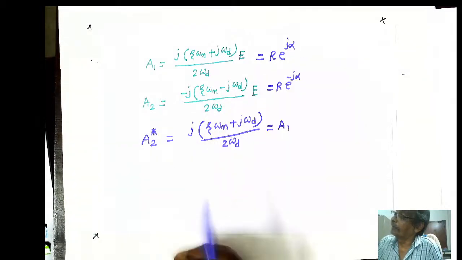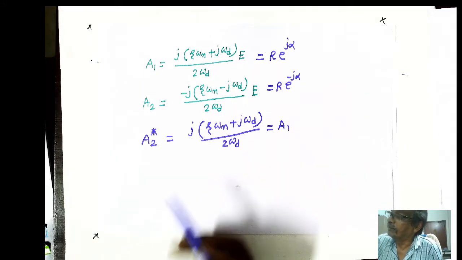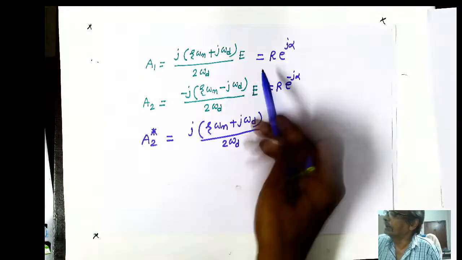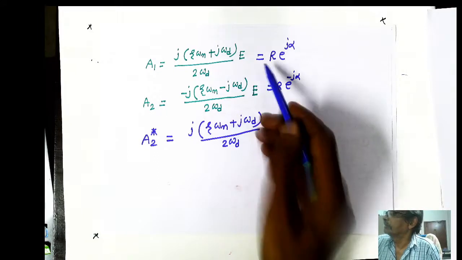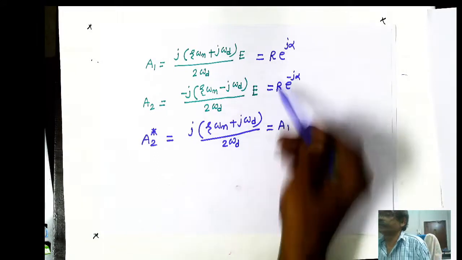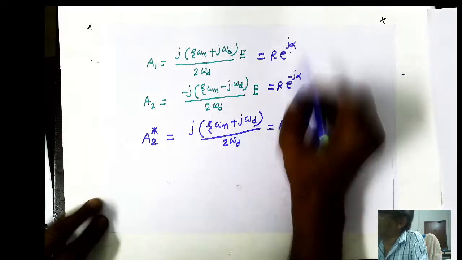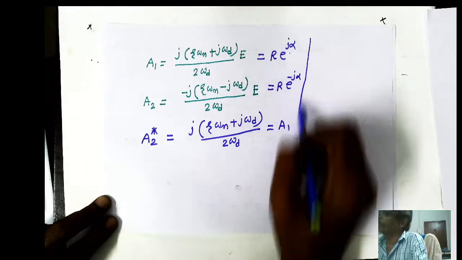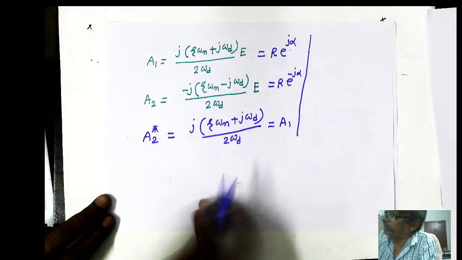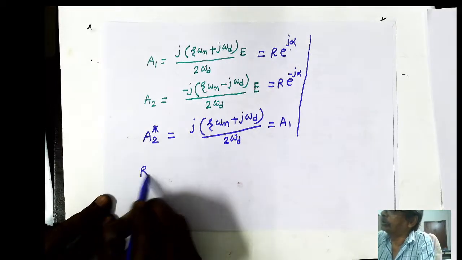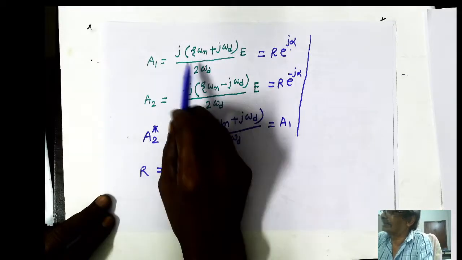And if this is A1, then A2 will also be the complex conjugate of this one. So that is the thing. Now the question is, what is R and what is alpha? The value of R is the magnitude of this or this, same R.